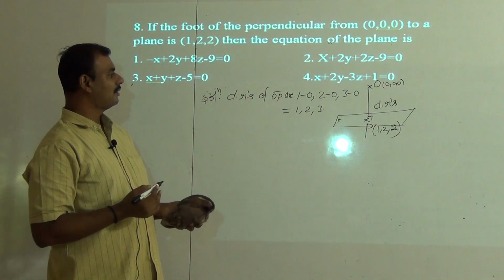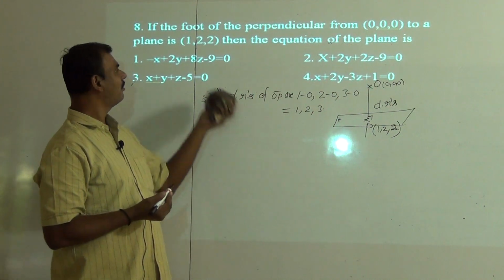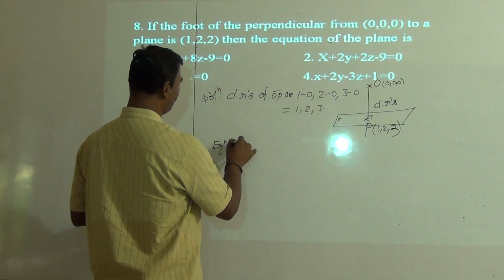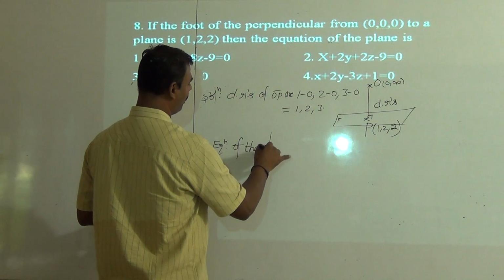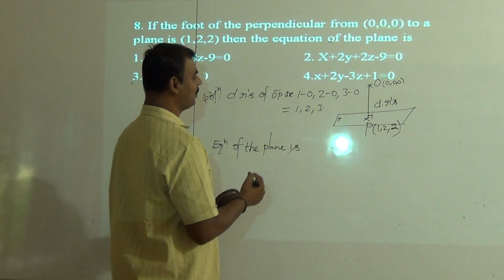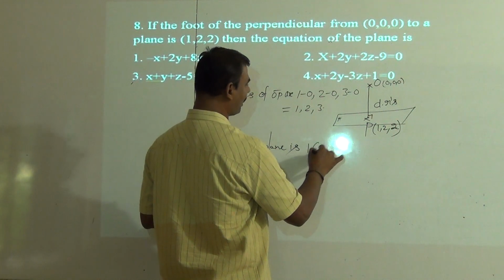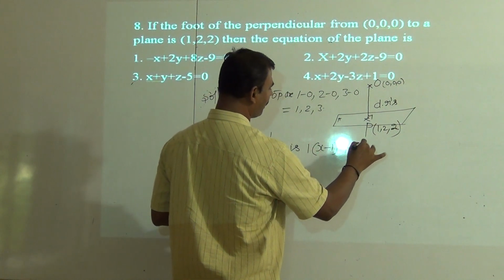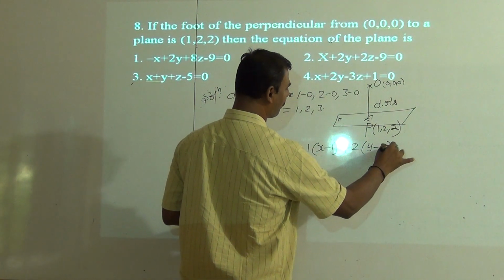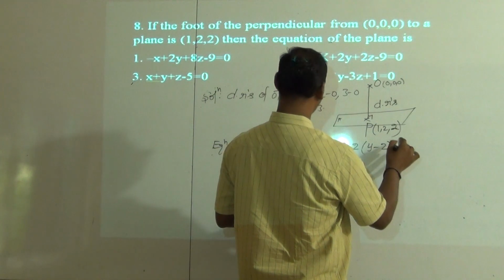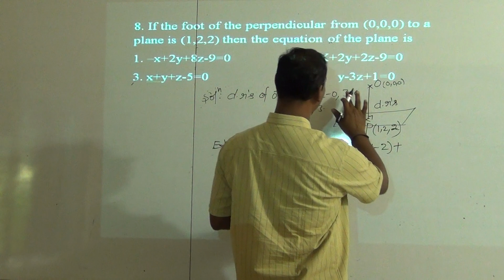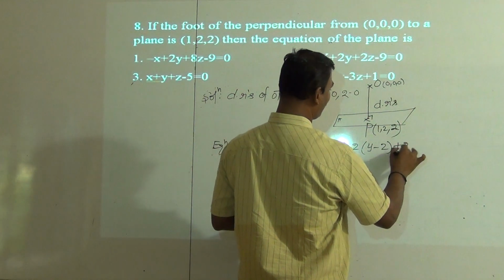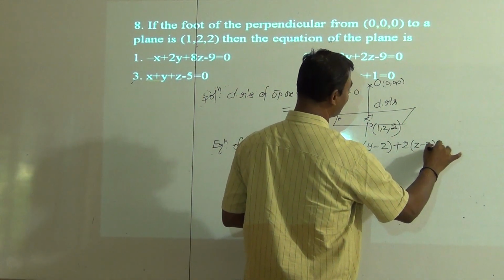Once you get the DRs, the point is also given. Now we can find the equation of the plane. The equation of the plane is: substitute the point and DRs, 1 bracket x minus 1, plus 2 bracket y minus 2, plus 2 bracket z minus 2, is equal to 0.